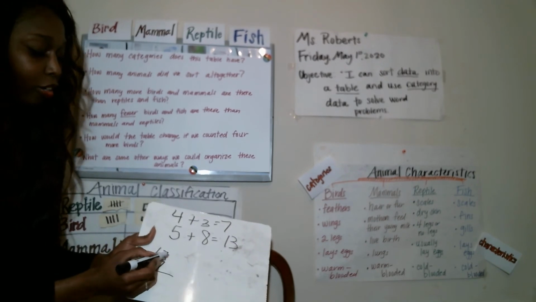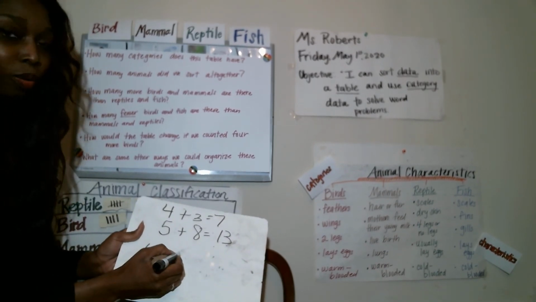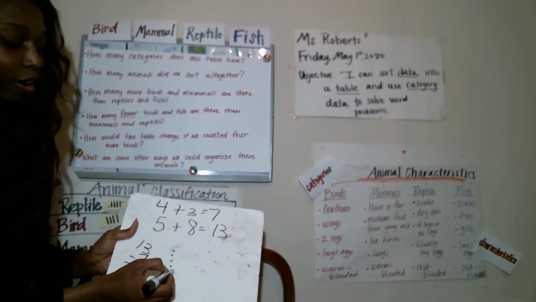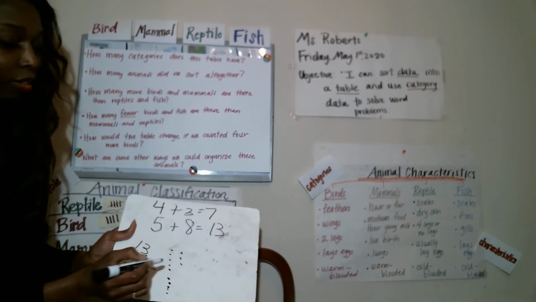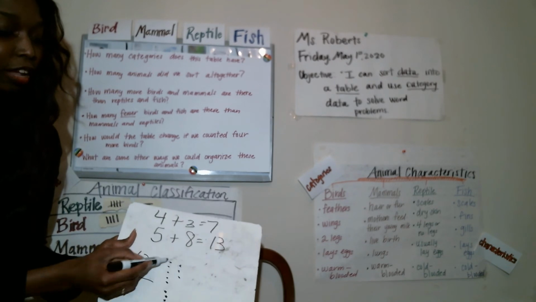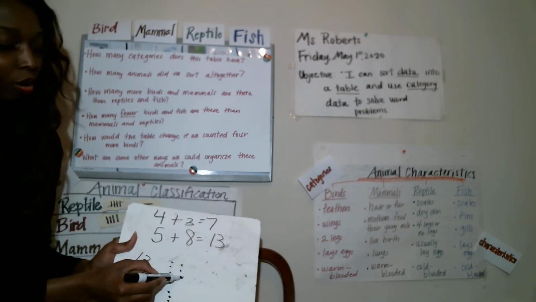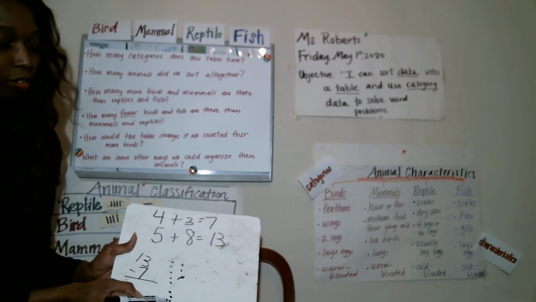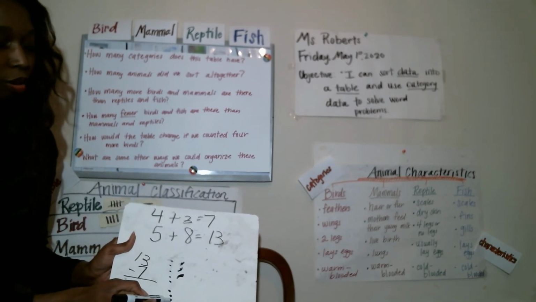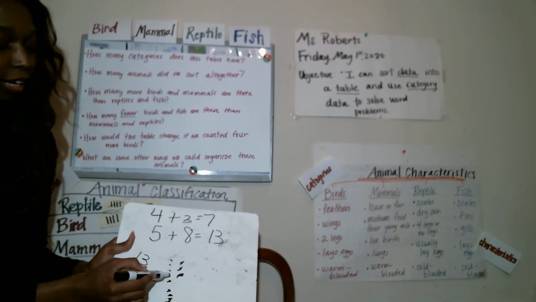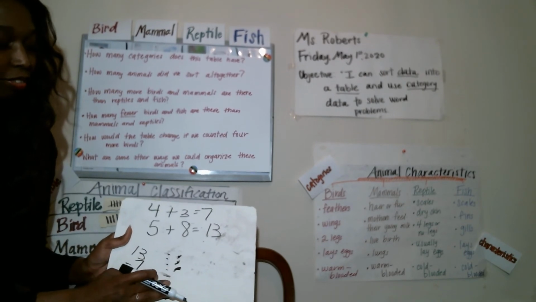There are 13 ones. Now we can easily take 7 from this whole number. We have 10 on this side and 3. So we take away 1, 2, 3, 4, 5, 6, 7.